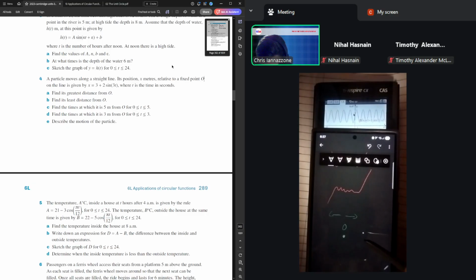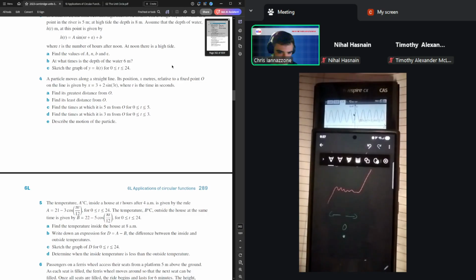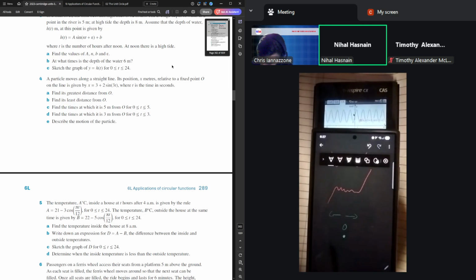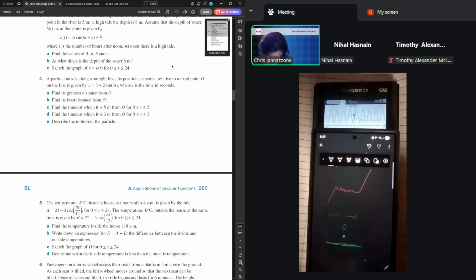If you were to sort of describe where it is in relation to the origin, what kind of distances is it covering? Well, okay, if the origin is the midpoint, then it's only going to deviate as much as the amplitude. So something like this? Yeah.